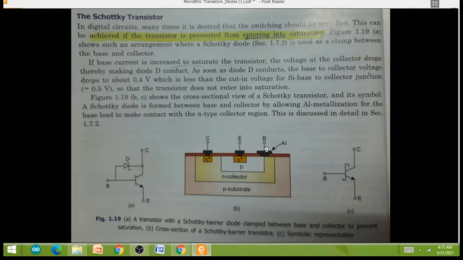So it is a metal Schottky connection, which is a non-rectifying connection, and this gives a result something like this: when this diode D is conducting, it will create a potential drop of around 0.4 volt at the collector, and if you look at the collector junction, the voltage is around 5 volt.